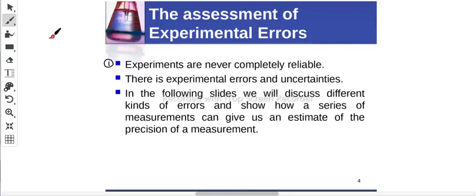Of course, since the experiment contains errors and we have what's called uncertainty inside the measurement data. In the following slides, we will discuss the different kinds of errors and show how a series of measurements can give us an estimate of the precision of any measurement.